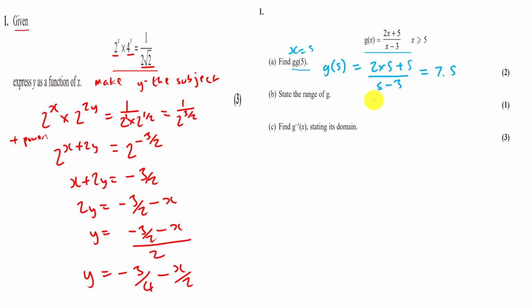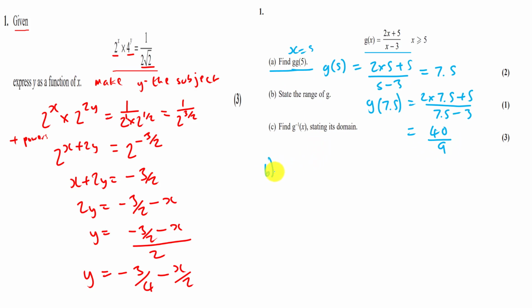So we need to do g of 7.5, do the same thing, 2 times 7.5 plus 5 over 7.5 minus 3. Do that all on your calculator, and that's going to equal 40 over 9. That's part A done.